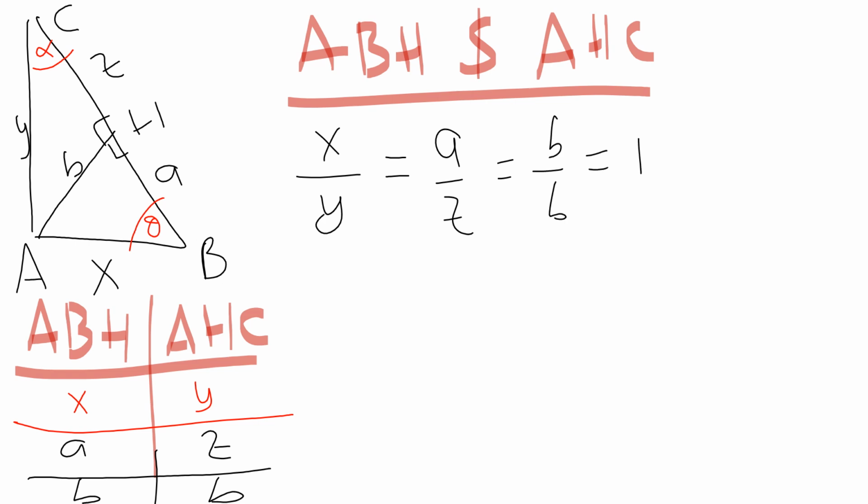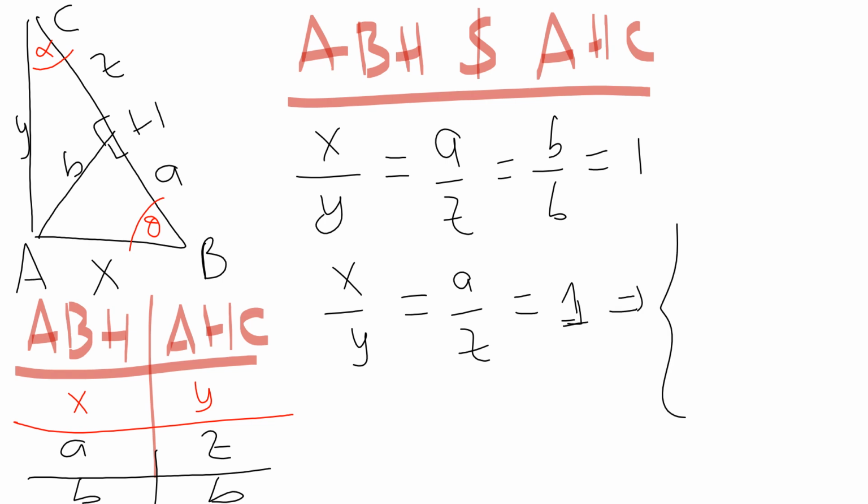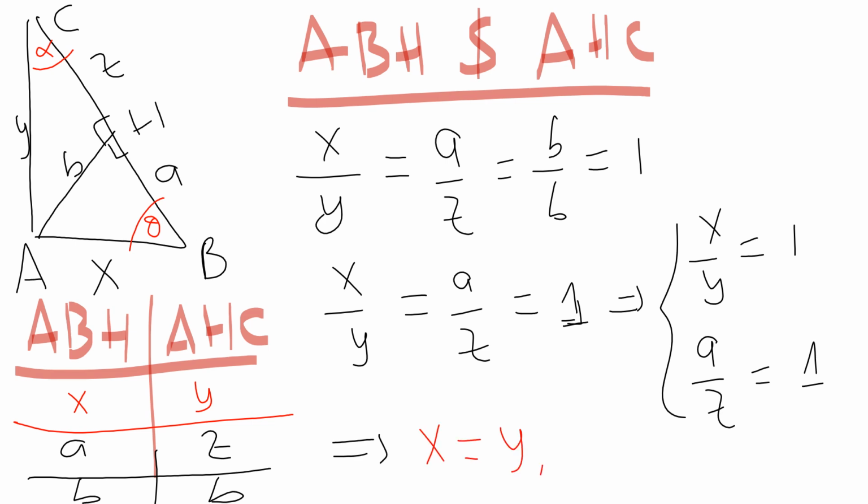So in essence we are saying that x over y is equal to A over Z, which is equal to 1. Now if these are all equal to 1, then x over y is equal to 1, and A over Z is also equal to 1, which in turn means that x is equal to y and also A is equal to Z.